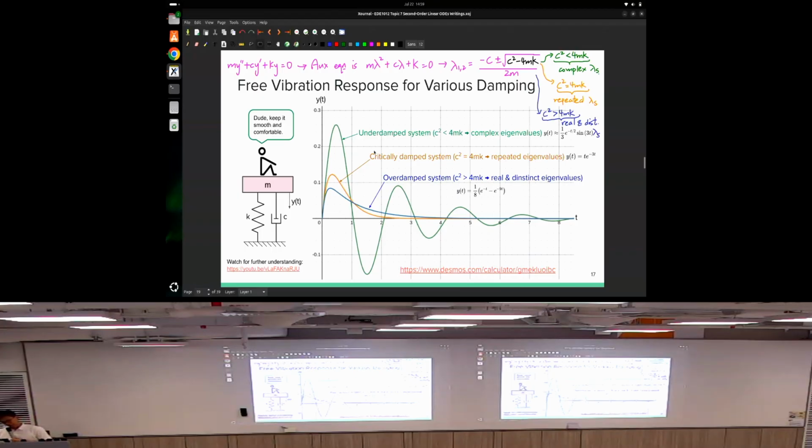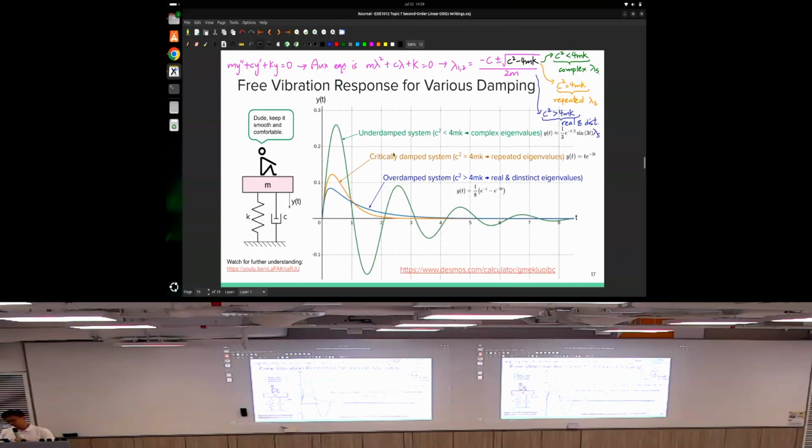Okay? So then if, let's say, you increase the damping such that c square equals 4mk, then you're going to get what we call the critically damped system. Now in this case, repeated eigenvalues, you will notice that this is a type of vibratory motion that doesn't exhibit any vibration, but will go back to the equilibrium position in the shortest time possible.